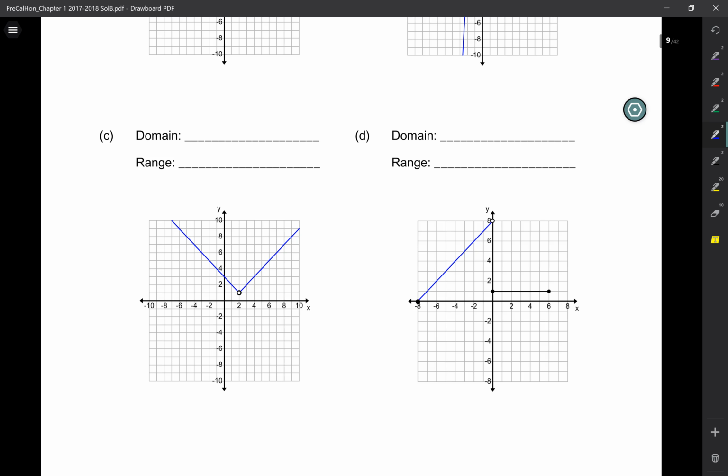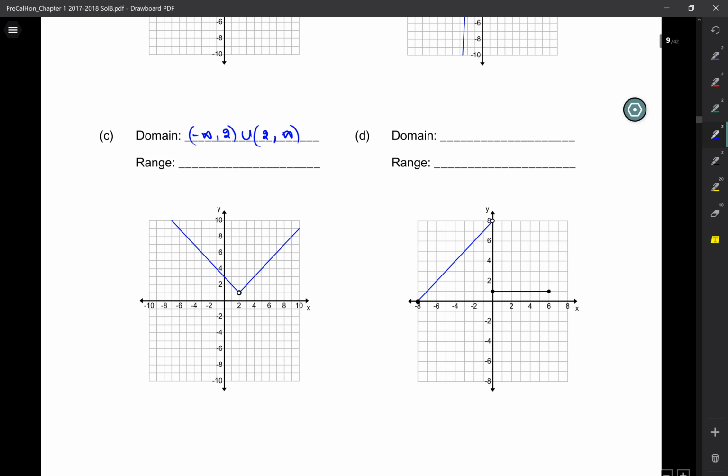And then it picks up again at 2. So right up to 1.9999999, there was a graph. And then at 2.0000001. So we go from negative infinity to 2, open, union, 2 to infinity.